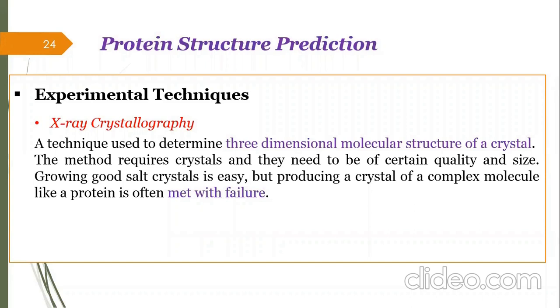So in experimental techniques, the first technique that is very famous and very reliable is X-ray crystallography. And X-ray crystallography means it will be using X-rays and crystal structure. That will mean it will require crystal structure to determine the structure of the protein.